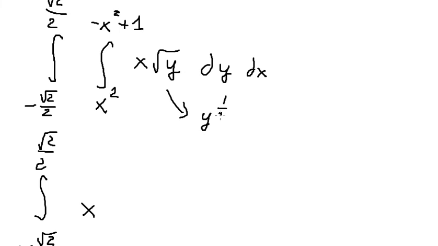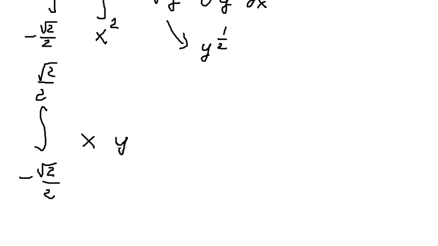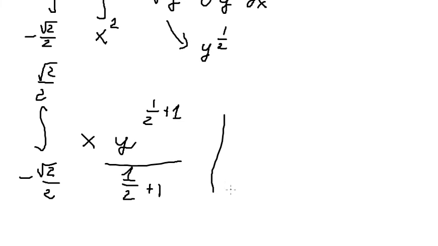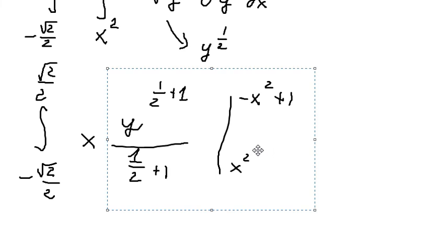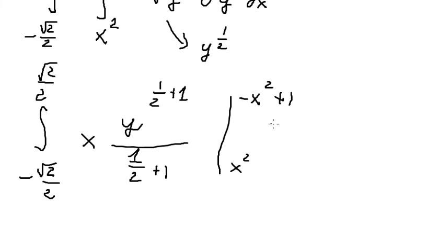So if we do this integration, we have y to the power of 1 over 2 plus 1, over 1 over 2 plus 1. And then we put the bounds x squared and negative x squared plus 1. And then we put the x in here.